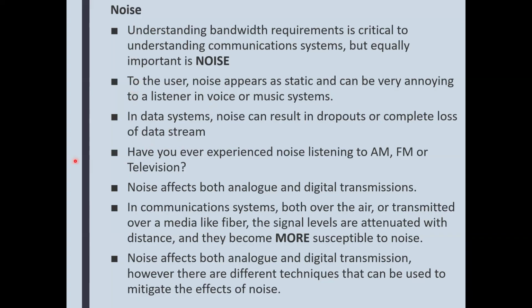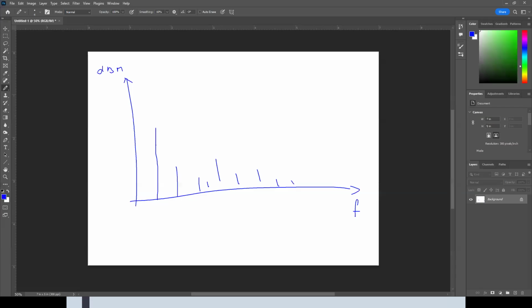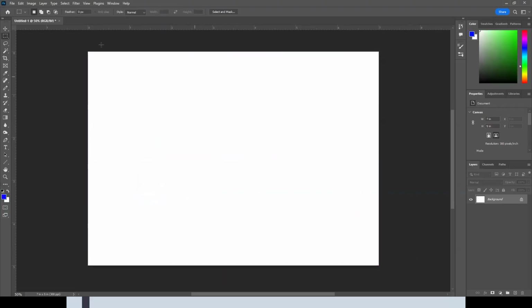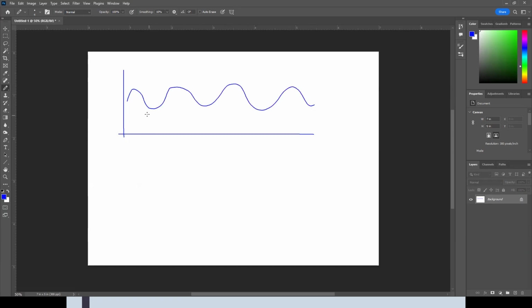So here, let's say we have analog system interference. Here's some sort of signal that we are trying to transmit and receive. If there are other signals present, they're going to maybe cut in and add to the waveform, making it distorted.